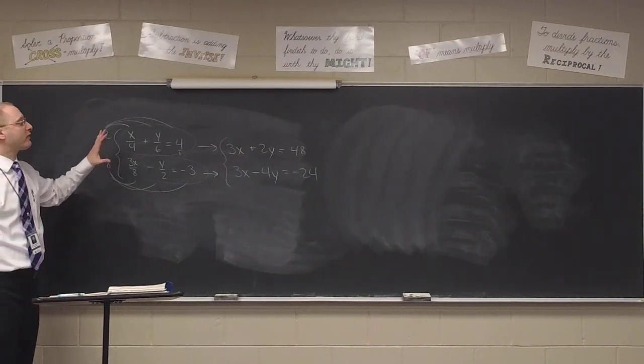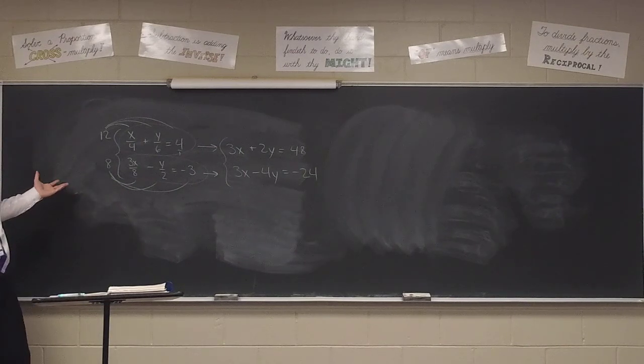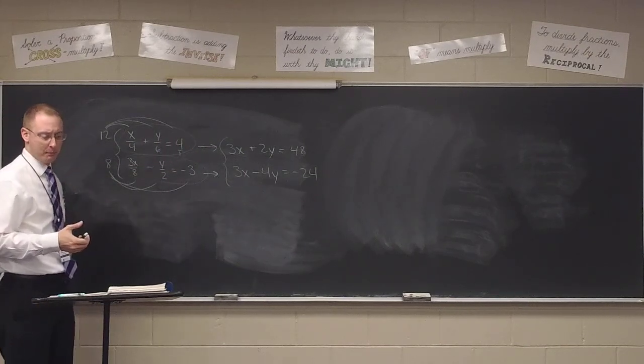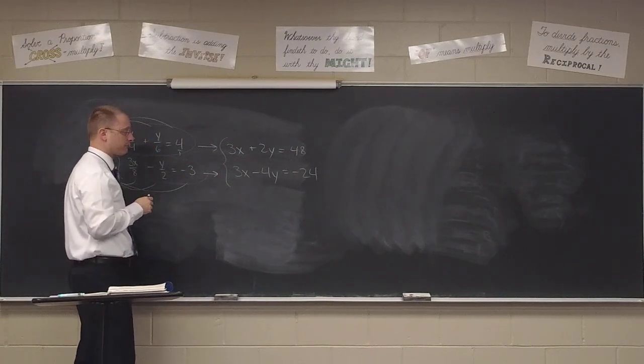So if you see fractions in your system, you don't panic. You may hate it, but you can take care of it quickly and easily. What should we do now, Brecken? Change this on the bottom.